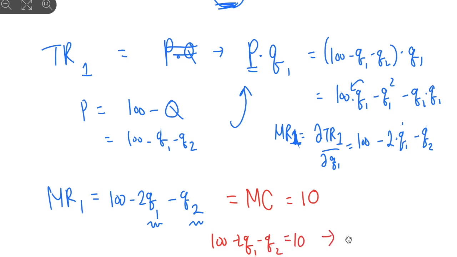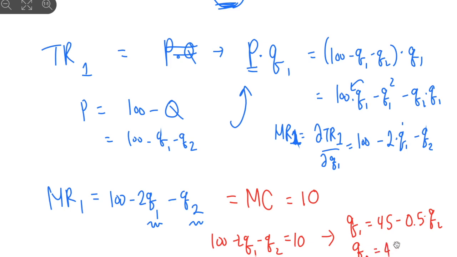and thus, if we solve for it, we find Q1 equals 45 negative 0.5 times Q2. And since we have the symmetric production of Firm 1 and Firm 2, what will be the quantity for Firm 2?